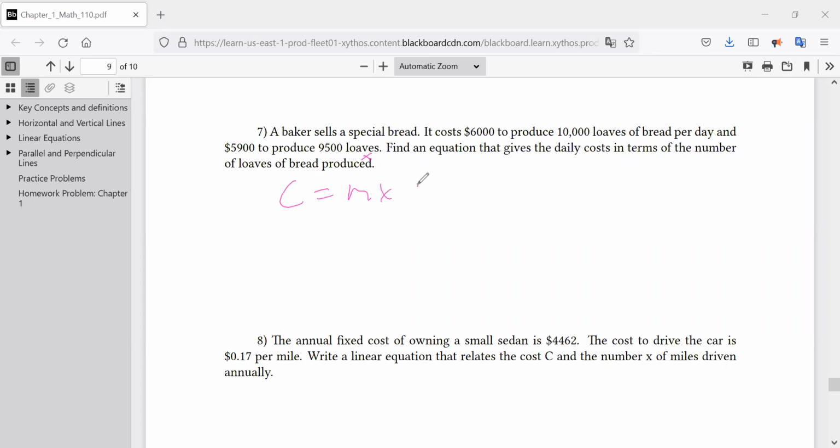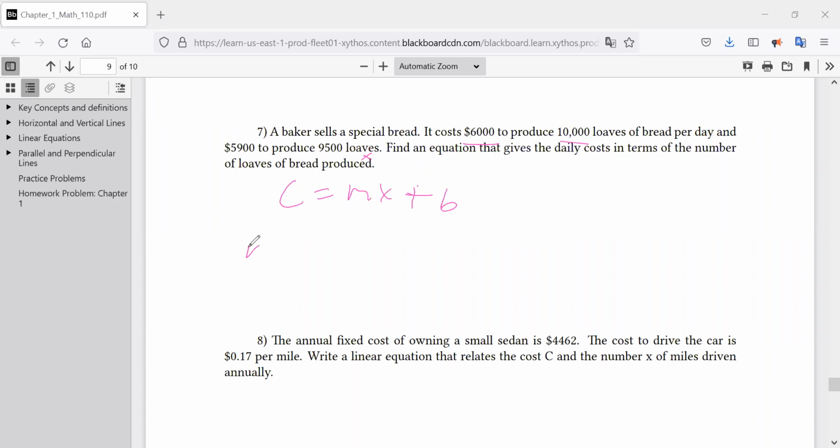I don't know what just happened with my computer. Okay, I'm going to write this as text. Oh wait, is that working now? Okay, we're good. So we've got plus B.